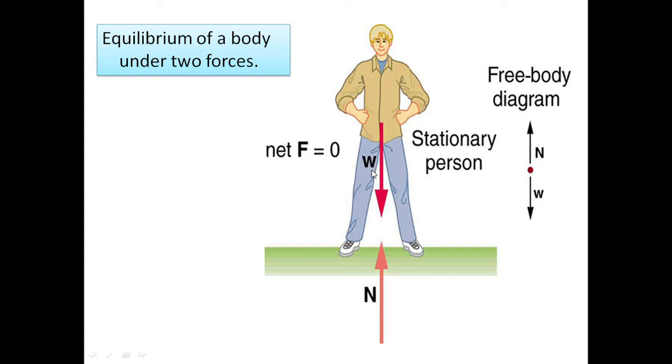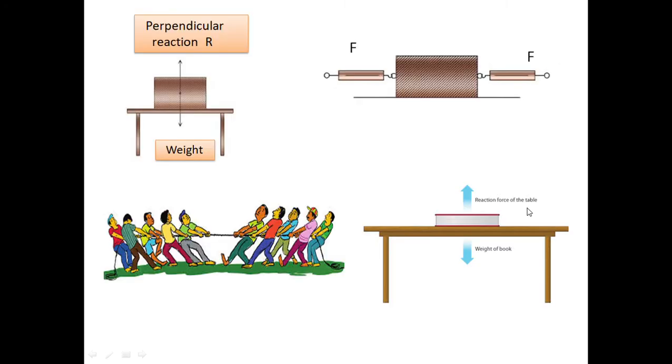Now if they ask you to mark the arrows, you should draw the arrows like this. Sometimes in the exams also, you have to indicate the arrows. So you have to draw the arrows like this. Next example, a weight is kept on a table.